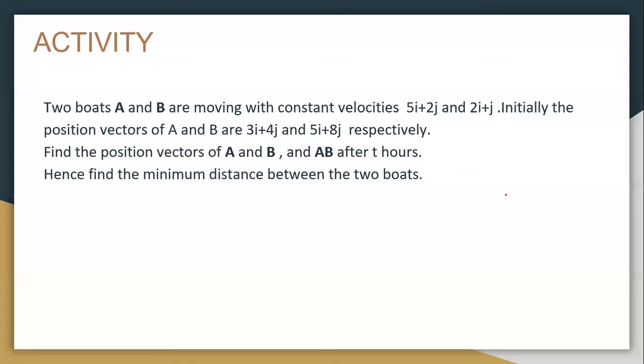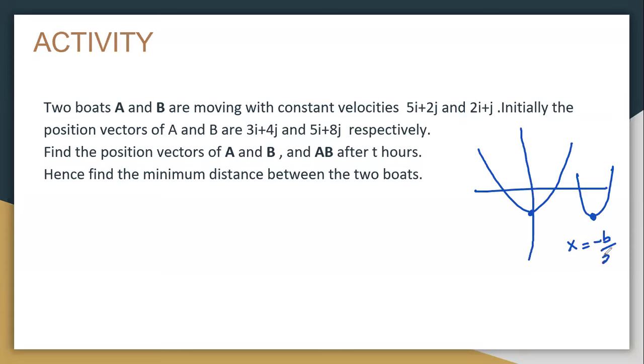Even the graphical method can work for you. Draw your graph and then look at your graph and see where the point is. Whenever you get these graphs, as long as you want to get this point here, you just say x is equal to negative b out of 2a.